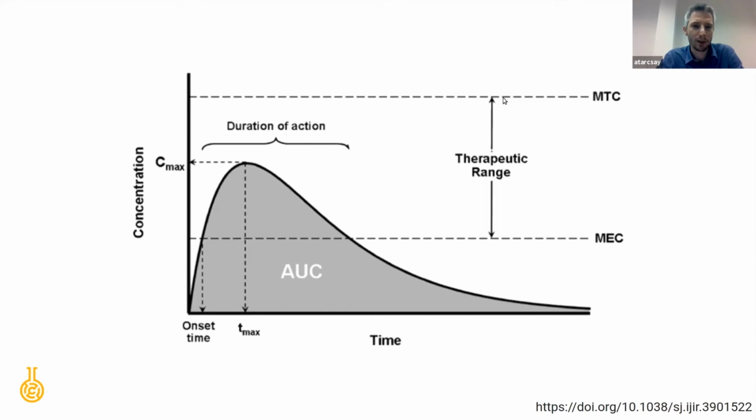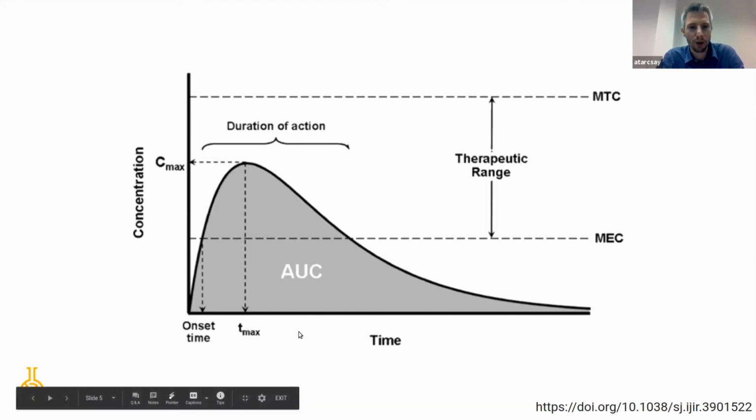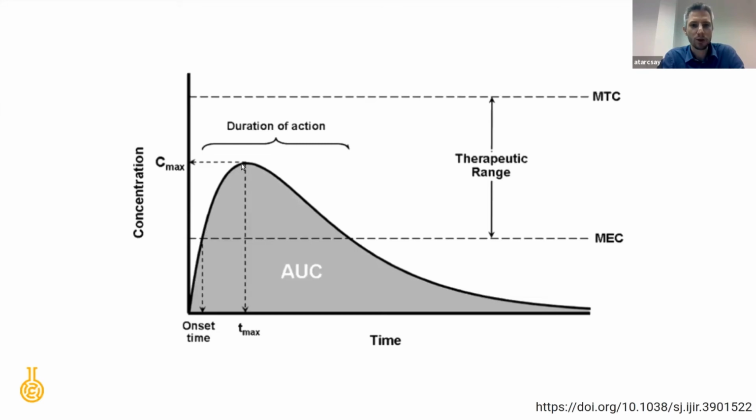What I show here is the pharmacokinetic curve of a drug to introduce you the system we are working on. When a xenobiotic or a drug is administered, then the concentration will increase in blood, then it will decrease, and you can also calculate the area under the curve. And it should reach the minimal effective concentration, where we can achieve target engagement and where it can modulate the pathological process to cure the disease.